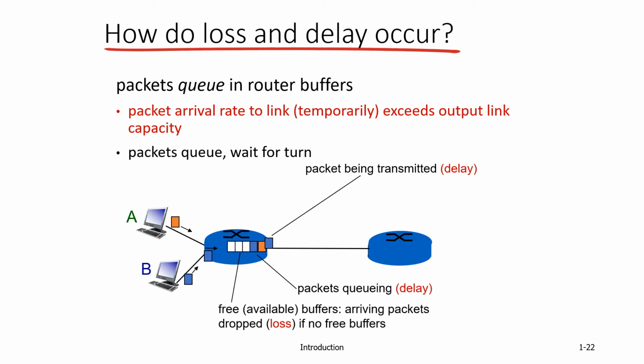In extreme circumstances, if the packet arrival rate is very high compared to the rate of the output link, then there will be massive queuing inside the router, and the buffer might run out of space, which is called buffer overflow, and eventually that will result in the loss of that packet.